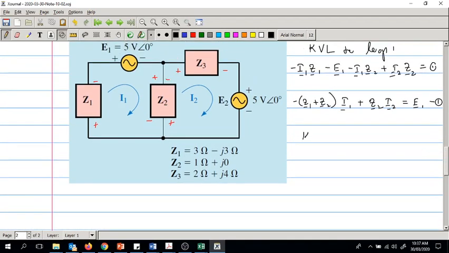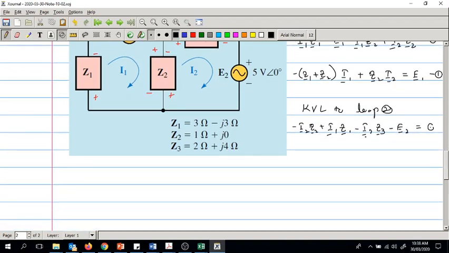So KVL to loop 2, what do you get? Minus I2 Z2 plus I1 Z1 minus I2 Z3 minus E2 equals 0.